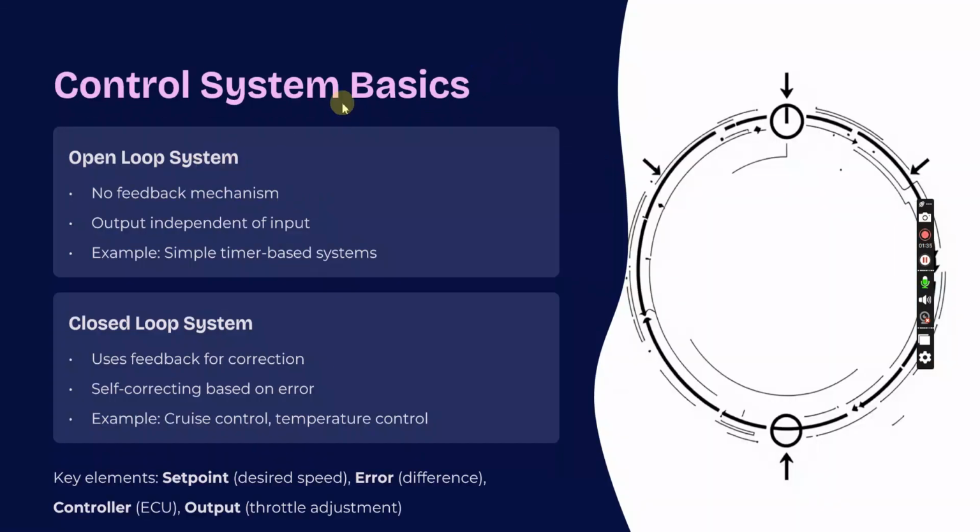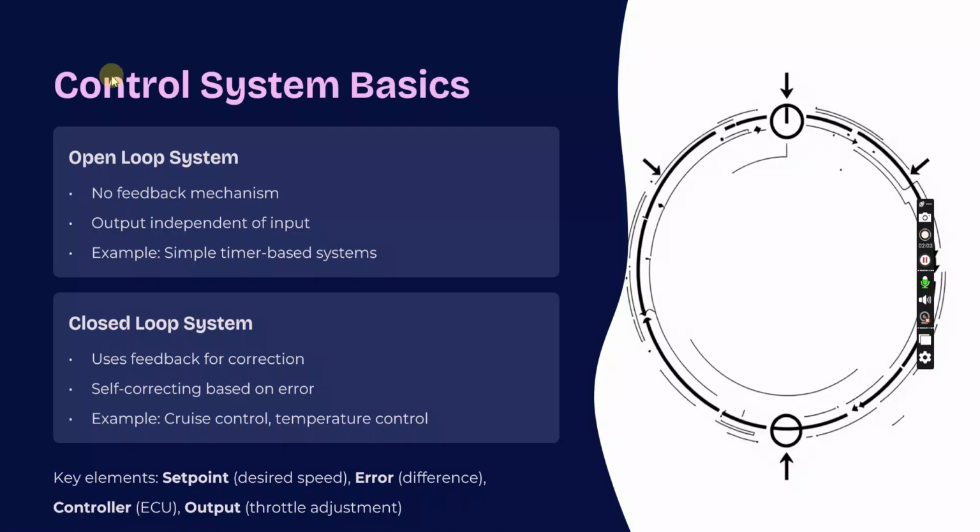Before diving into the topic, let's cover some control system basics: open loop system and closed loop system. These are two types of systems in control systems. First is the open loop system, where we do not have any feedback mechanism, and the output is never dependent on input.